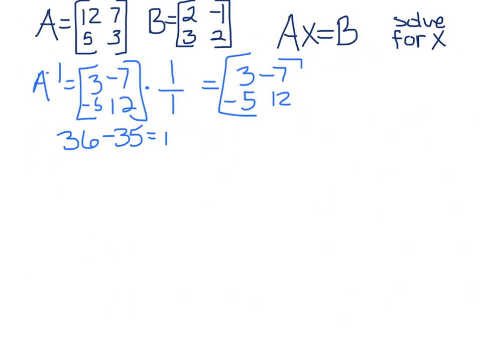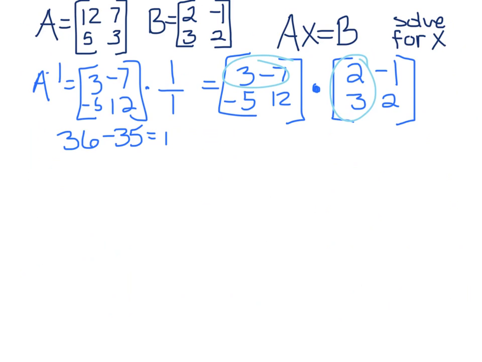We need to multiply that times B. Remember, the inverse always has to come first. So now I'm going to go across and down, and I get 3 times 2 is 6, plus -7 times 3 is -21.